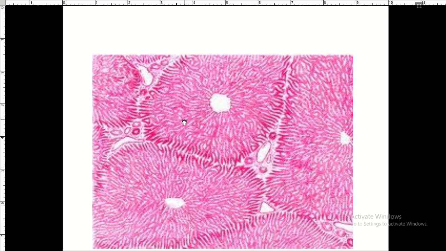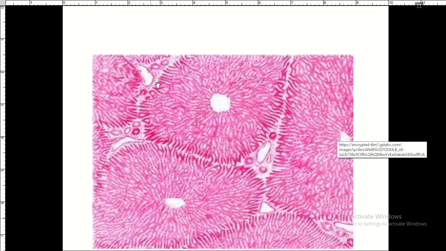So this is a histological structure of a section of a liver. You actually see this is a liver lobule, this is another liver lobule, this is another liver lobule. Right? This is your central vein, central vein, central vein right here.